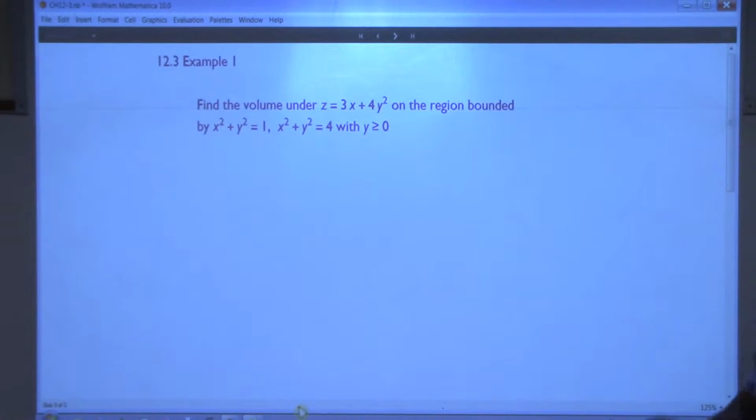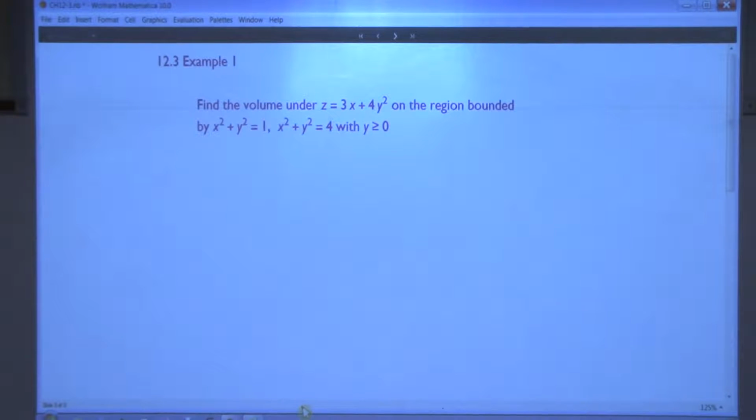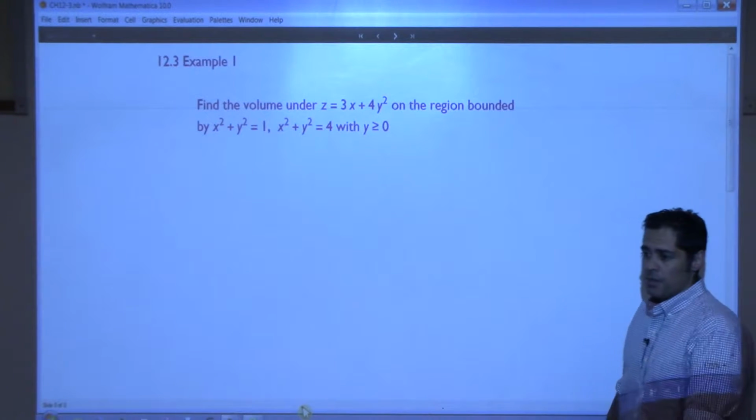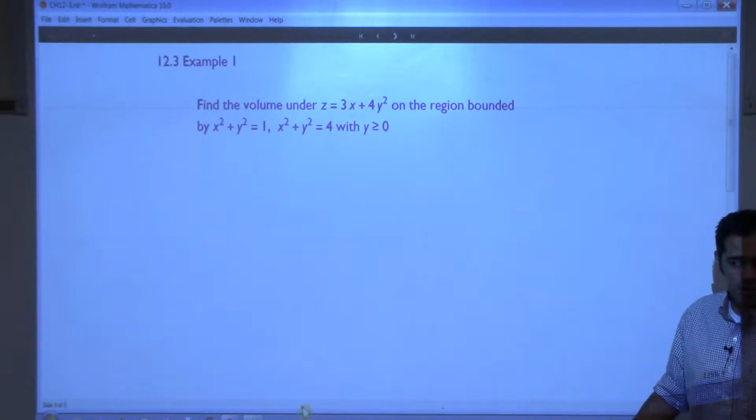So we're going to do this example here. Find the volume under z equals 3x plus 4y squared on the region bounded by x squared plus y squared equals 1, x squared plus y squared equals 4, with y being greater than or equal to 0. All right, so just like before, what we want to do is draw the region first.